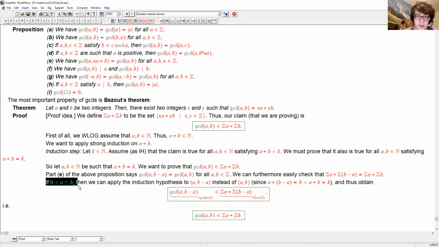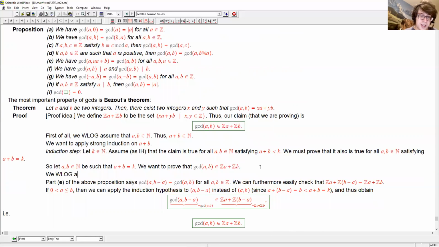Well, how do we get here? How do we get to this inequality, and how do we get to this one? First of all, I claim that without loss of generality, we can assume that A less or equal to B, because otherwise we swap them. When we swap them, this set doesn't change, and this GCD doesn't change because of this. Okay, now how do we get 0 less than A?